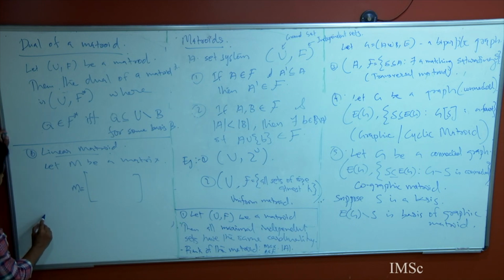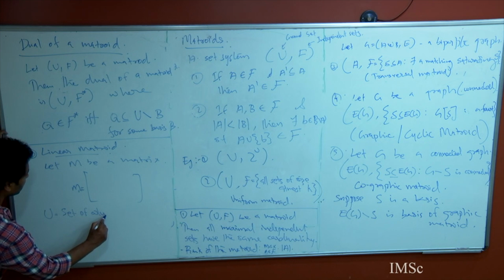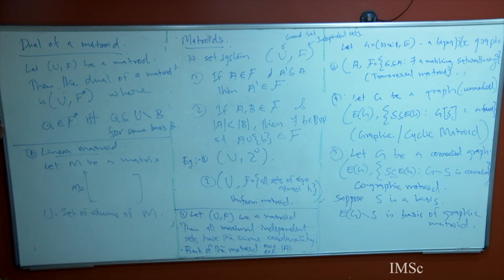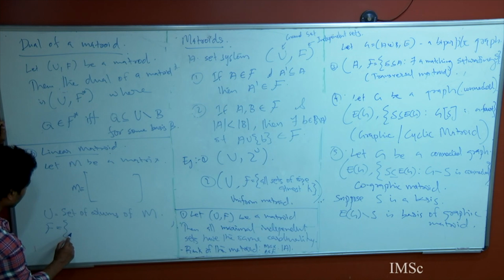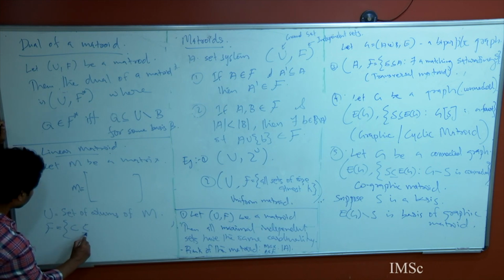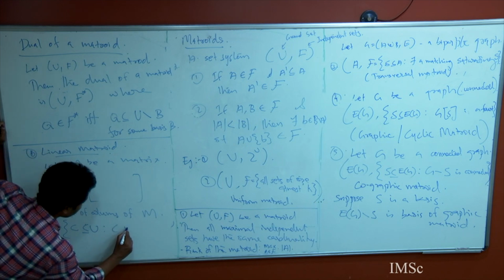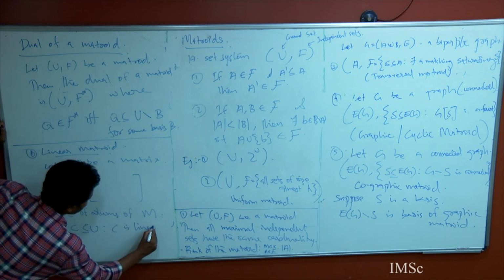Then the ground set is the set of columns of M, and a subset C of U is independent if C is linearly independent.